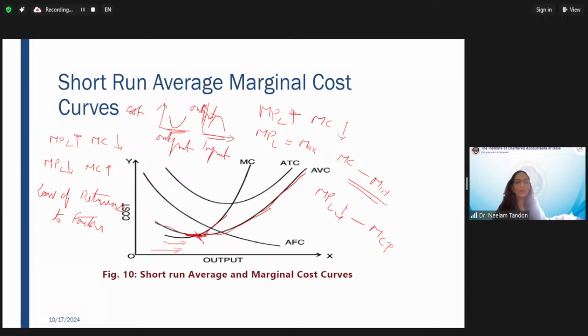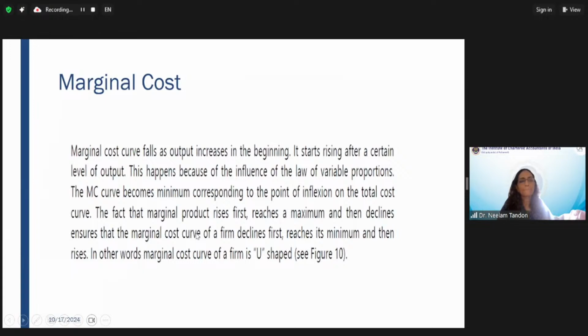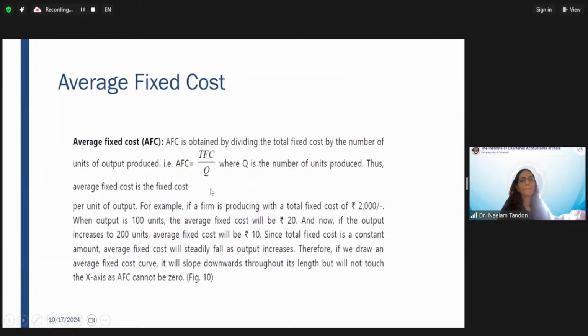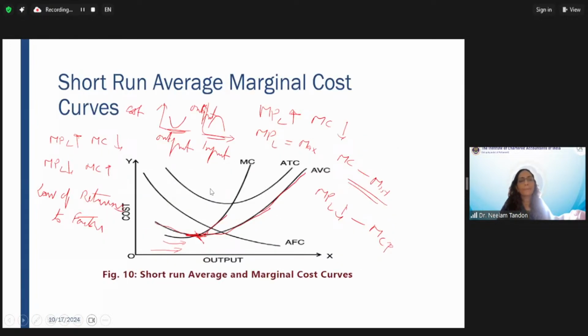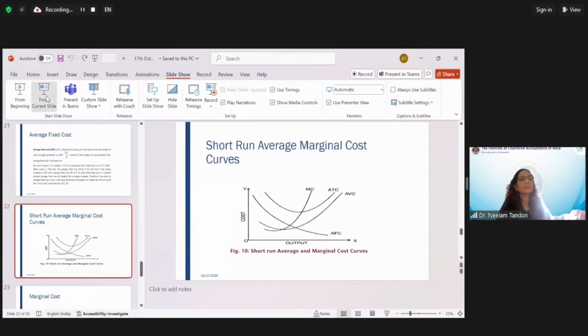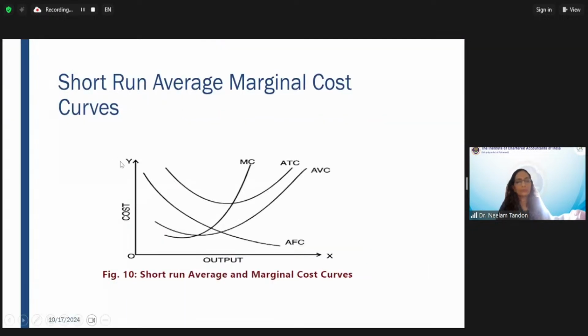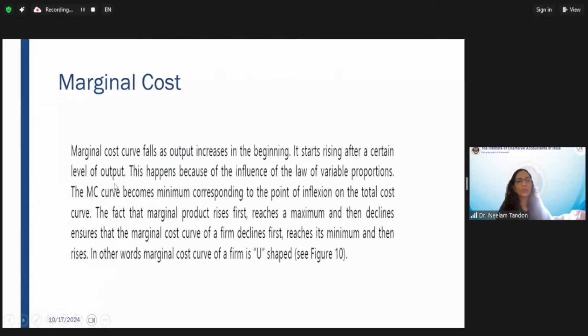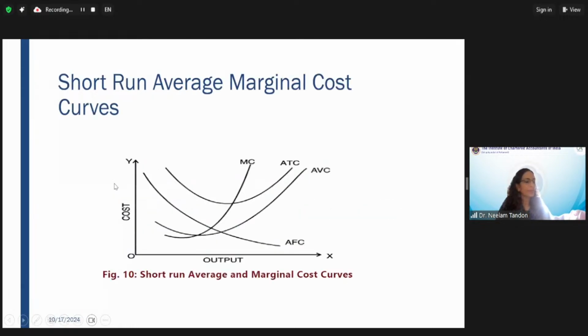You can see here, this is the marginal cost.